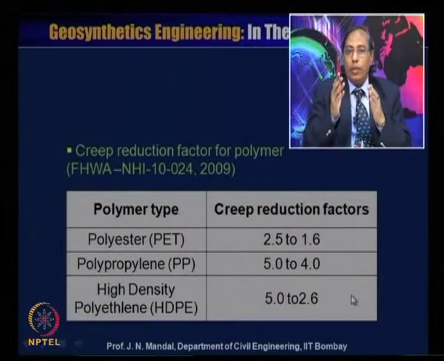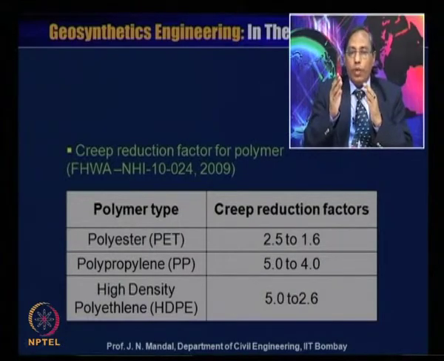So here is the one point to remember, that what will be the creep factor and what kind of material you should use, whether it is a polyester, polypropylene or high density polyethylene. If the creep reduction factor is more, then your allowable tensile strength of the geogrid material is also equally reduced.